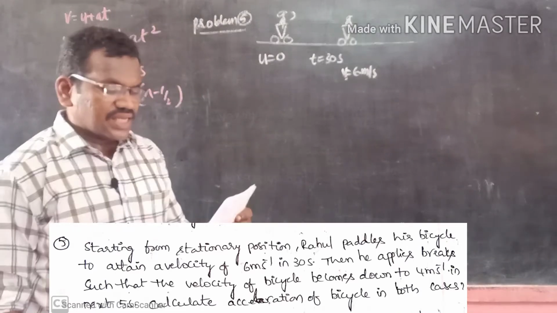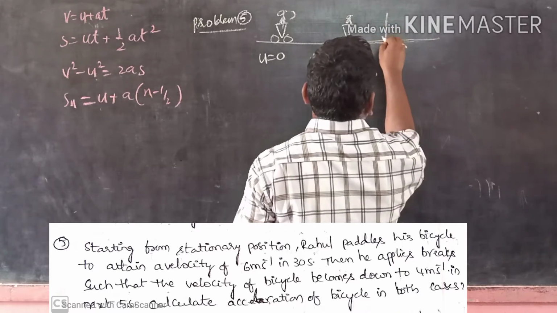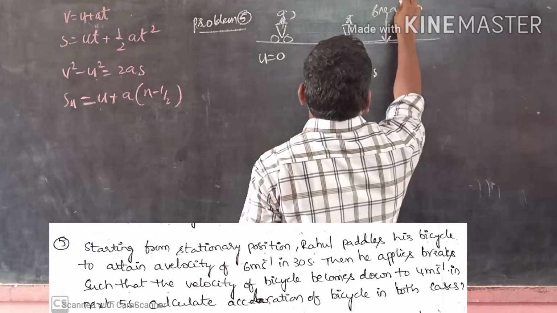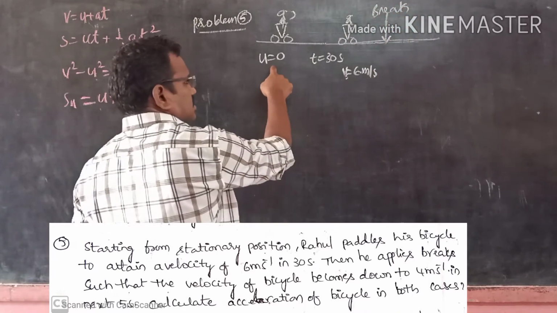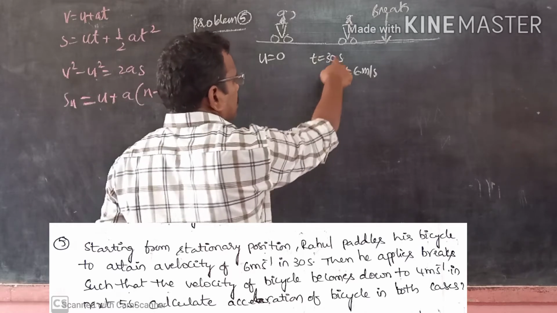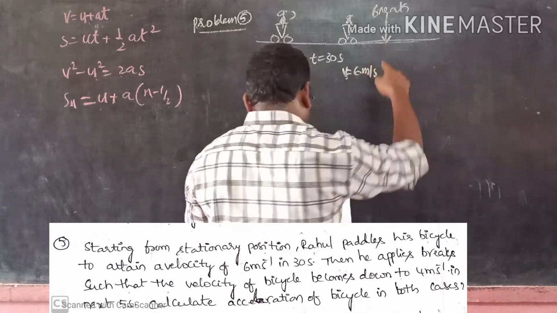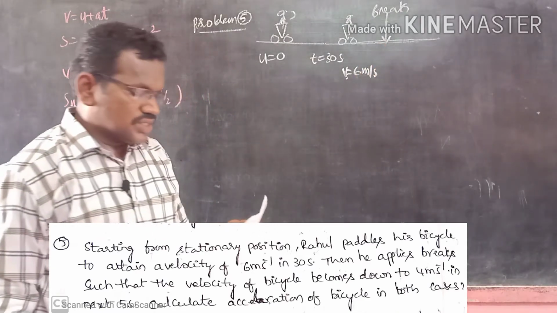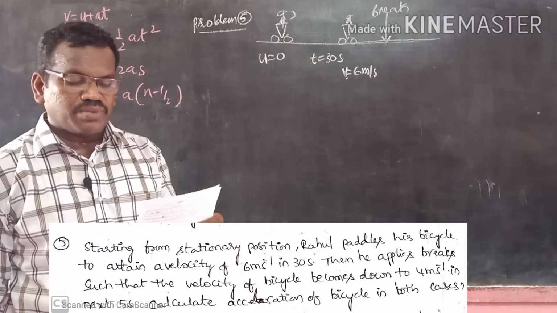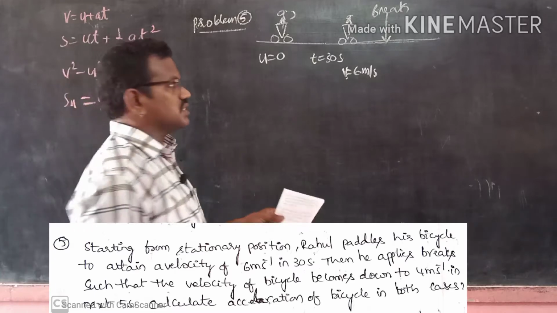Then he applied the brakes. This is the brake. So at the start he is stationary. After a certain time interval, that is 30 seconds, his final velocity is 6 meters per second. Then he applied the brake, such that the velocity of the bicycle comes down to 4 meters per second.